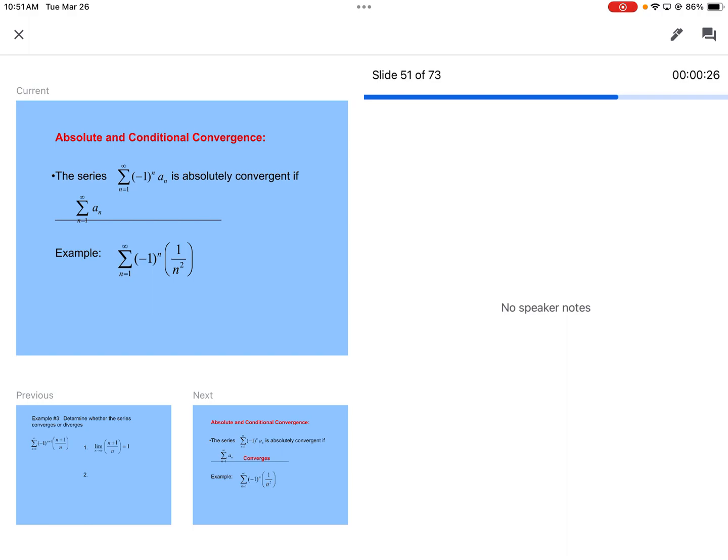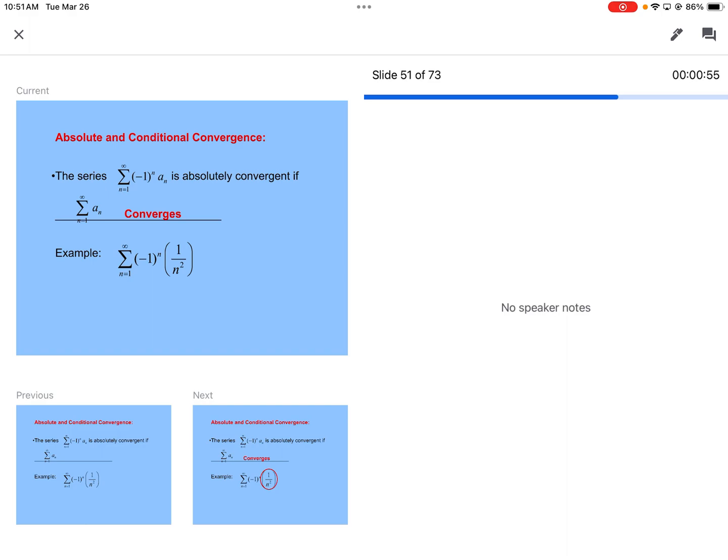So we call an alternating series absolutely convergent if the original a sub n series, not alternating, converges. So this allows us to shortcut this process slightly. If the a sub n series converges, then both it and the alternating will converge. And we call that absolutely convergent.